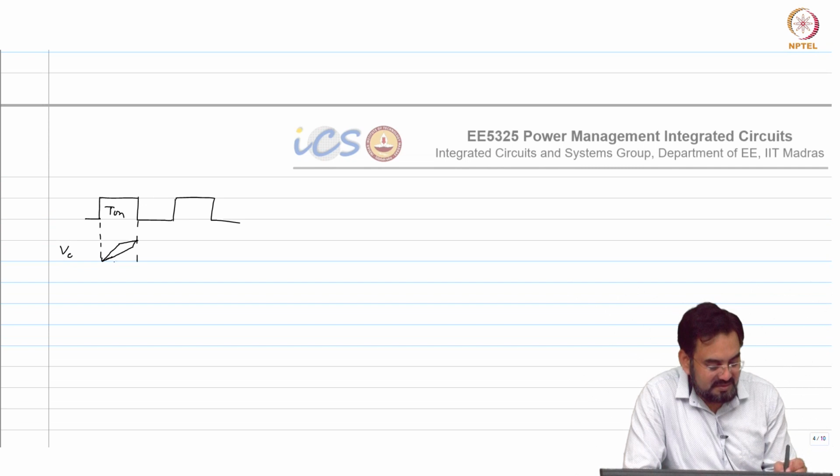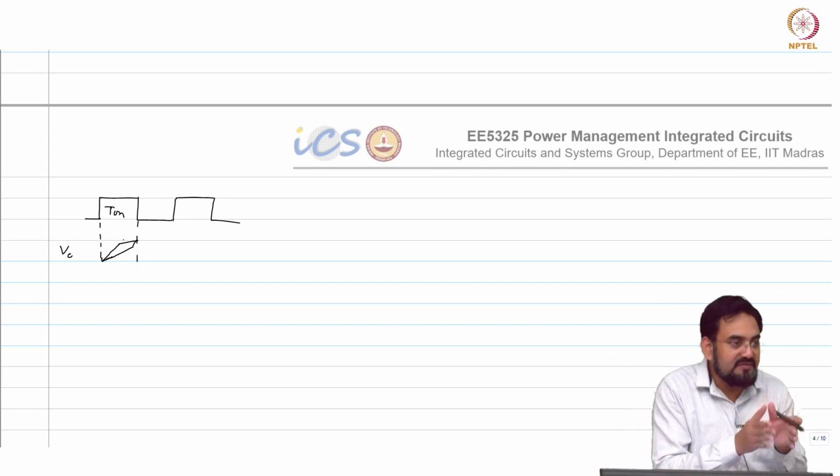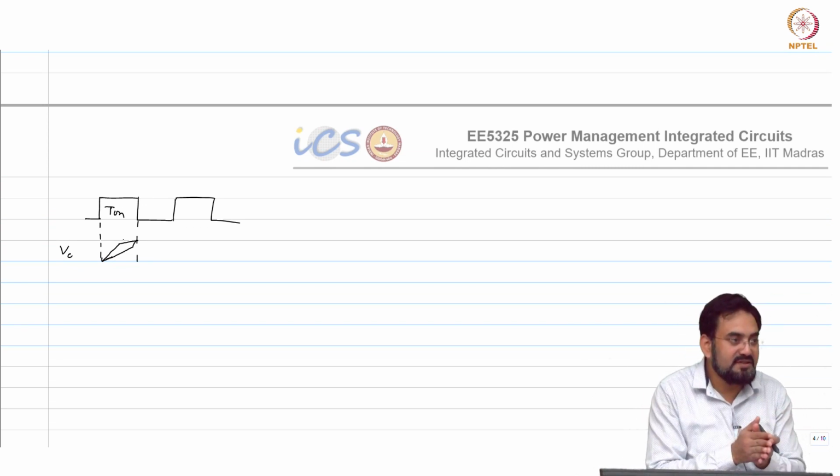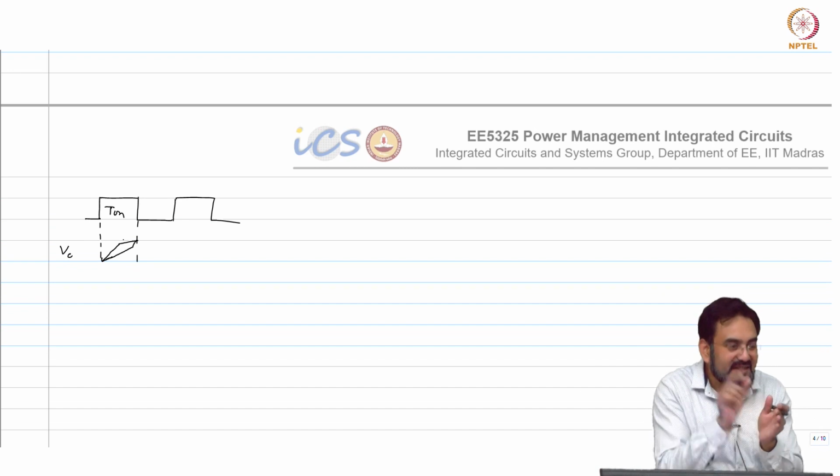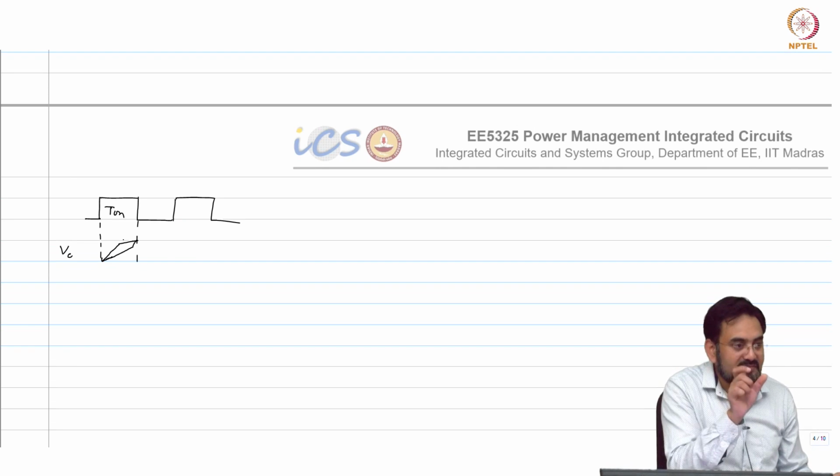Which means a large fraction of that time constant I can control with a fixed R, and a small portion I can control with some delta width.